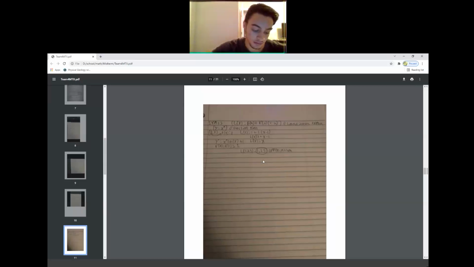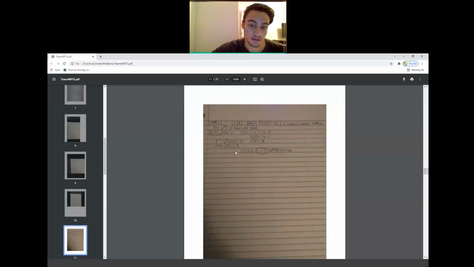For f of a, because we're given the point (1, 1), we input 1. For f prime of a, we take the derivative at that input, which also comes out to be 1. Then for x minus a, we have our x value minus a. The derivative and the function value at the input cancel out to leave us with x.